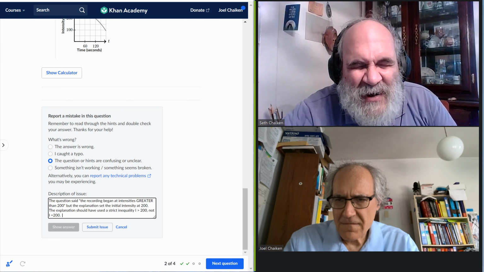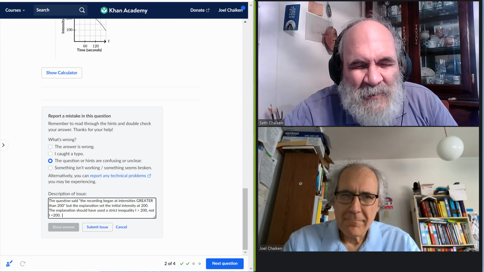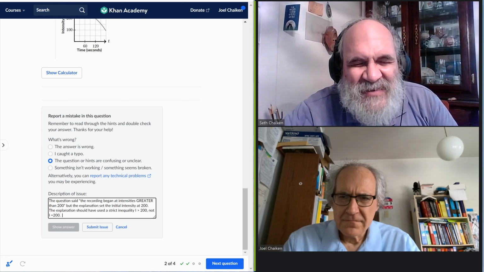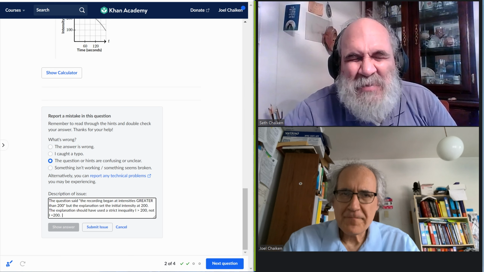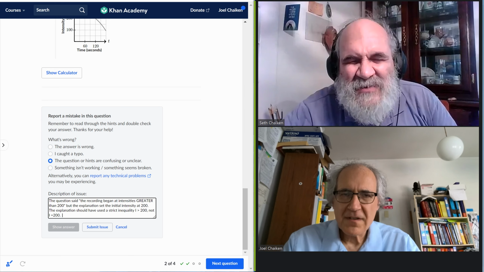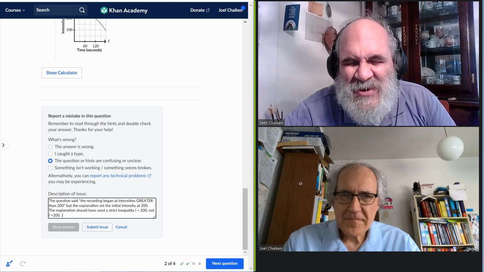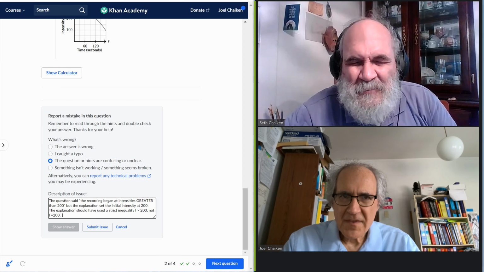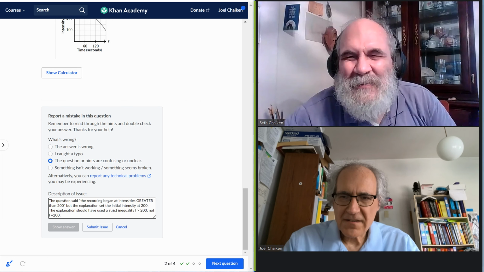They said that the graph starts at a point at the x-intercept where the I value is exactly 200. They drew a black dot at the point (0, 200). What they really should have done is say it starts somewhere above 200. Exactly.